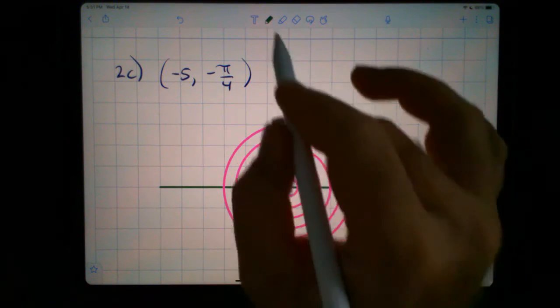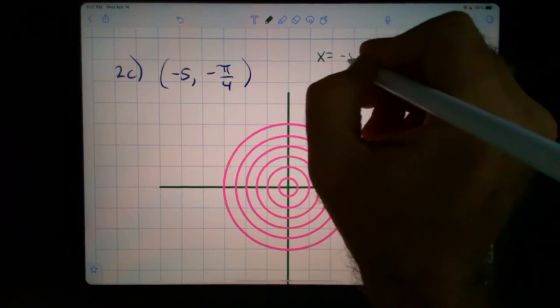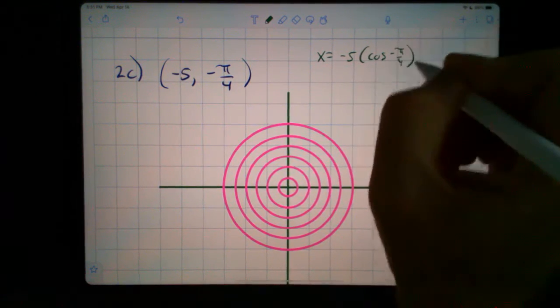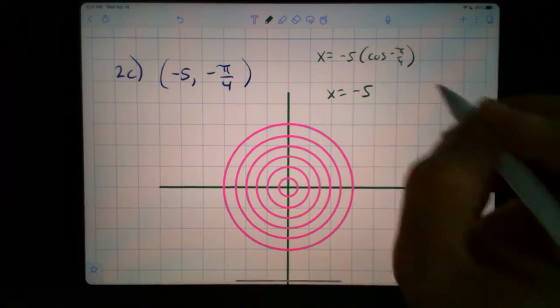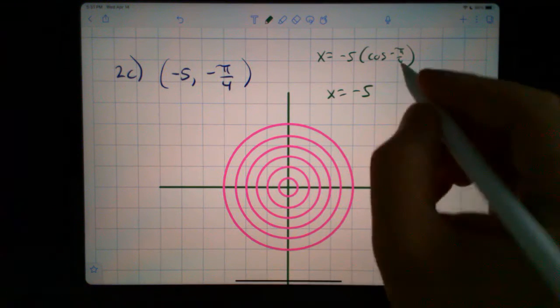Well, let's convert these into rectangular. Cosine of negative pi over 4 is going to be a positive radical 2 over 2.